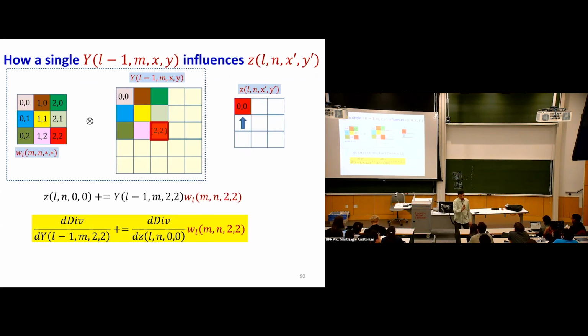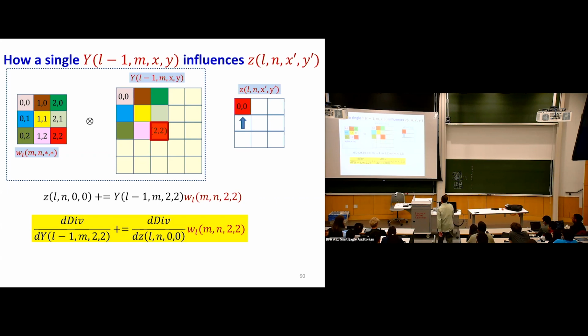For now, let's see how the filters interact with the input channel elements to compose the output channel. So again, look at Z22, and now we're going to look at the color code, okay?